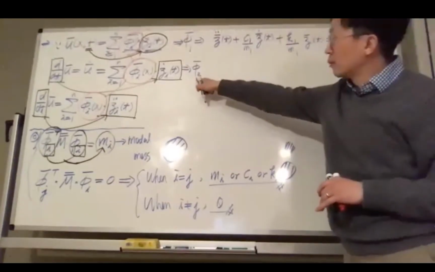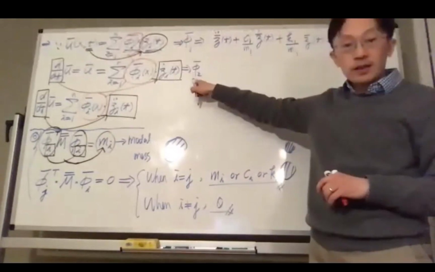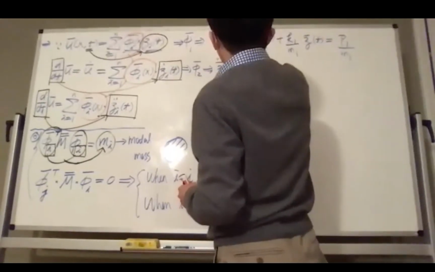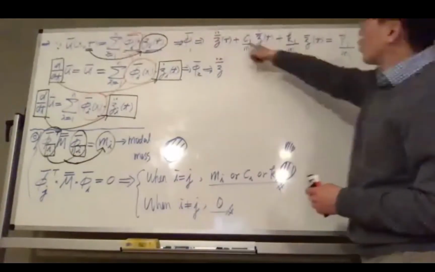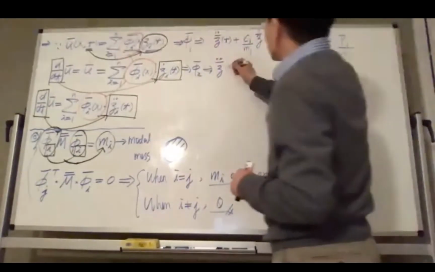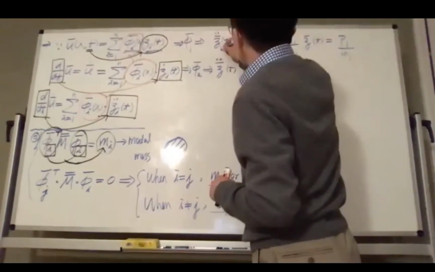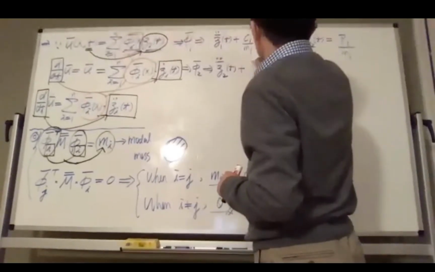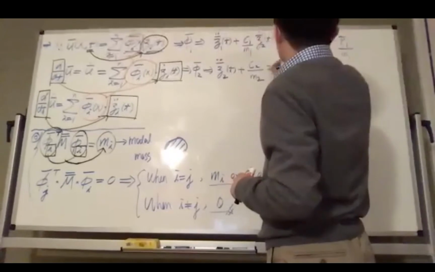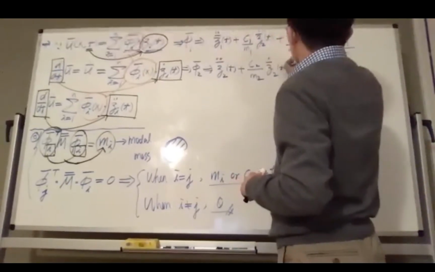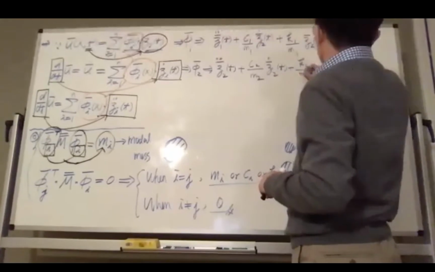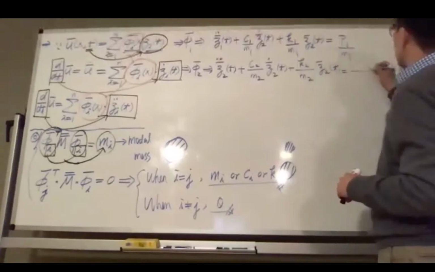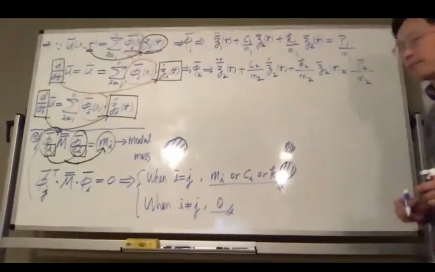If you multiply everything by the transpose of the second mode shape vector, you're going to get the second mode. So this one is only for the first mode. And the second one is also, of course, z of t. So you may want to say this is 1, this is 2, because only for the second mode, plus c2 over m2, z2 dot of t, plus k2 over m2 times z2 of t equals p2 over m2.